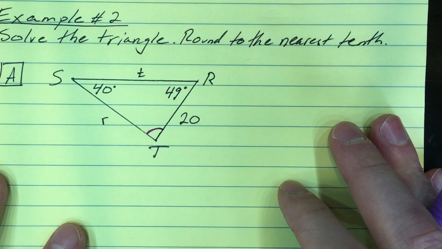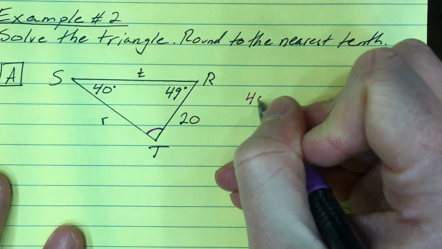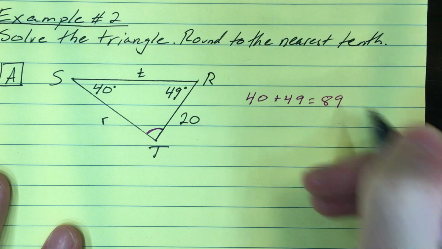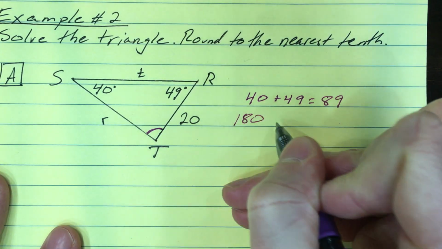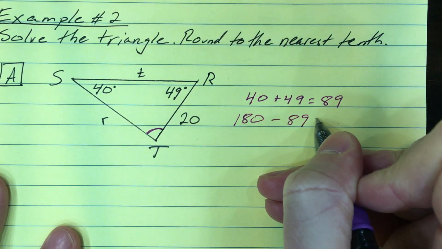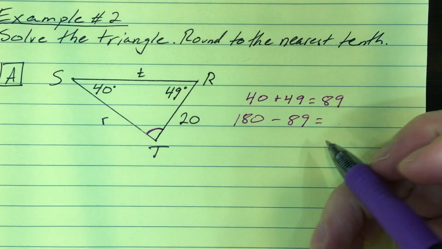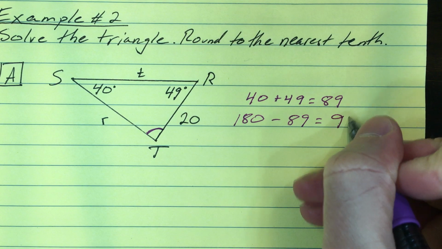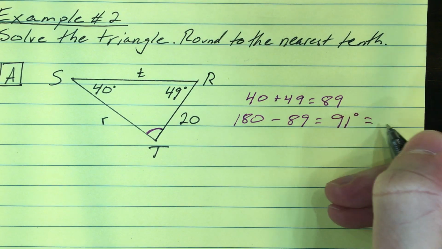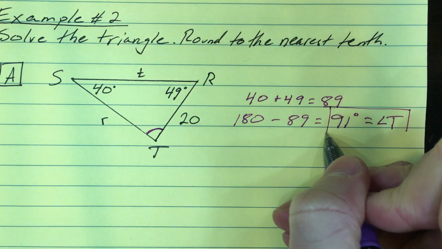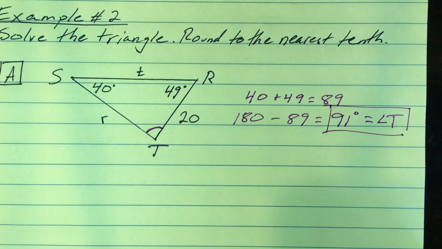So let's take 40 and add 49. We get 89. Then 180 minus 89 leaves us with 91. So that is our angle T. There's the first of our three answers.